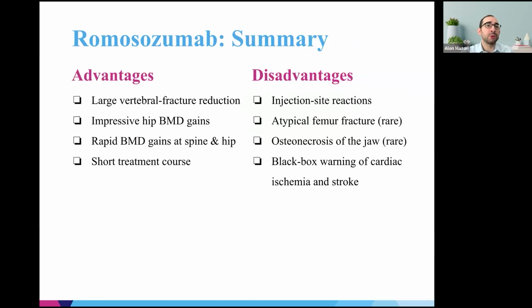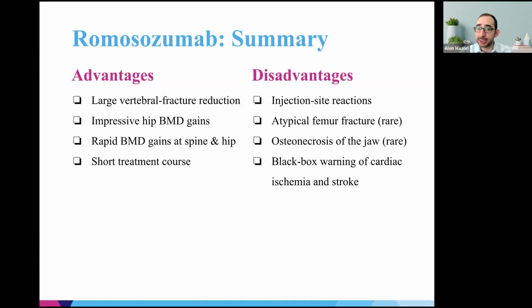So to summarize, romosozumab has important advantages: large vertebral fracture reduction. I did not show this data, but there are impressive hip bone mineral density gains that rival the degree of remarkability at the lumbar spine. These bone mineral density gains are rapid, and it is a short treatment course.